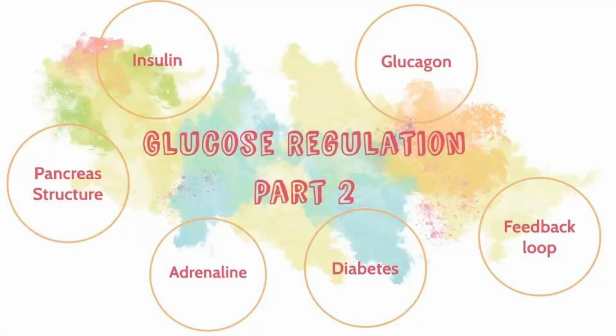We spoke about last time how the insulin affects muscle cells, fat cells and the liver, and that glucagon acts in the liver to cause the release of glucose.